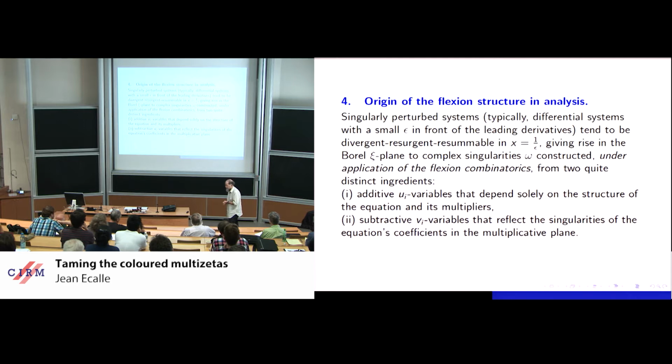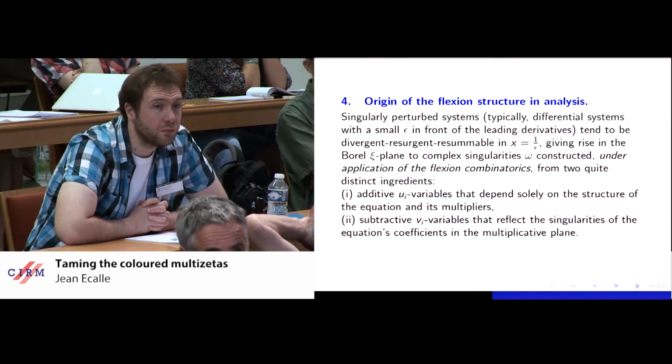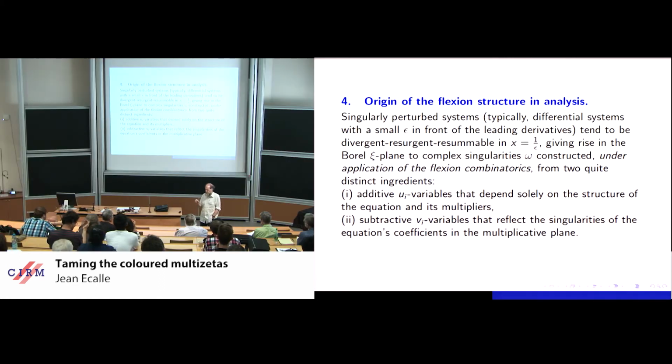But you get most of the time, under very mild assumptions, convergence plus resurgence plus resummability. But when you try to figure out the nature of the singular points in the Borel plane, you get something very complicated, and the singularities omega in the Borel plane are made from two ingredients.